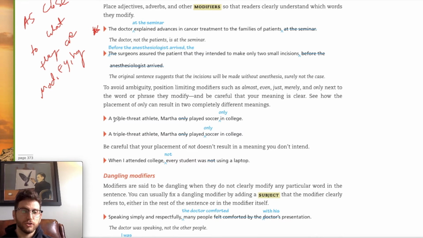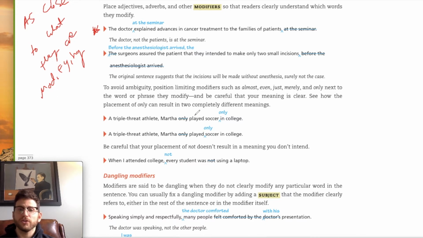So she used to be this triple threat athlete who could do multiple things, but in college she's playing soccer and that's it. So why have we taken only away from its position here and moved it to over here? Because what are we trying to say? Okay, what we're trying to say is that Martha played one sport, and that sport was soccer.